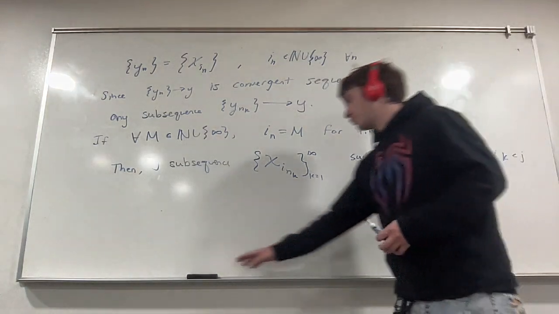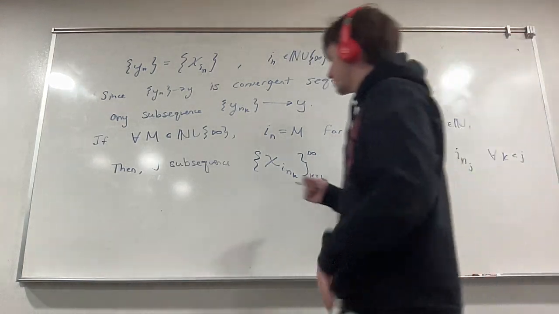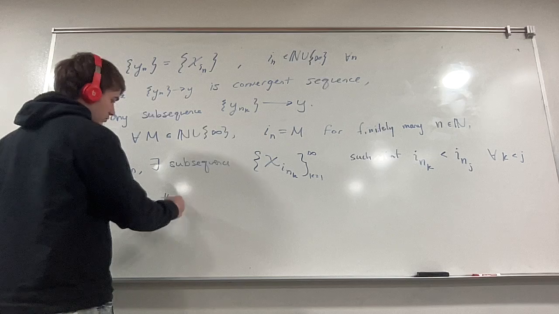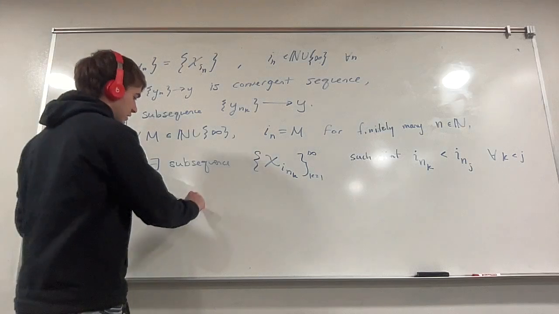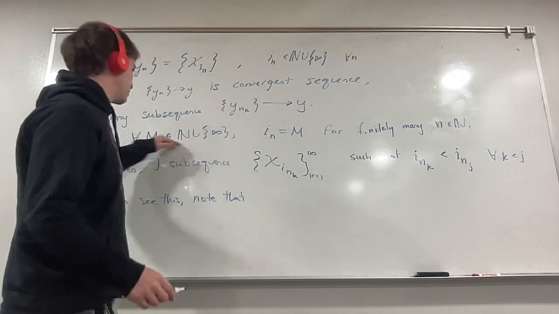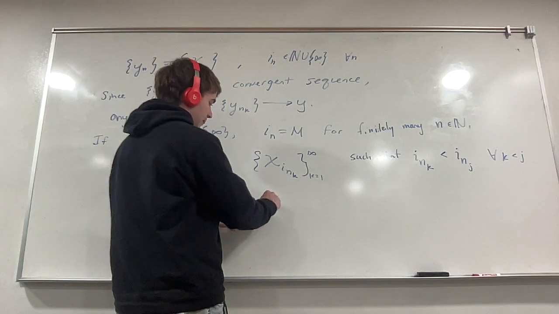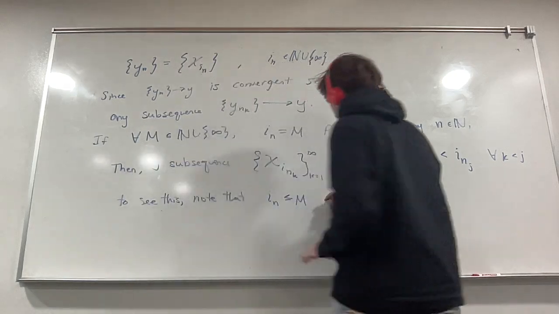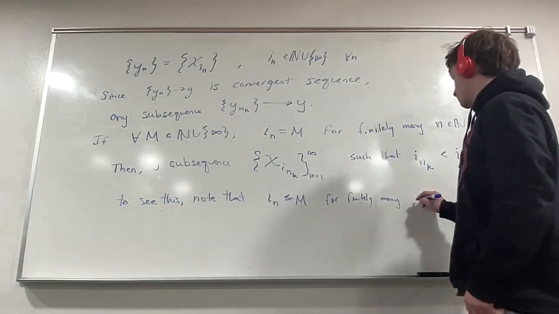So why is this the case? To see this, we note that the above statement that no index is recurrent is equivalent to I sub n less than or equal to m for finitely many n.